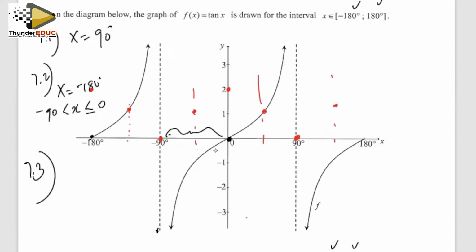And then that's a 2. Somewhere there. And then all I have to do is connect this with my free hand. Okay, remember those are turning points, so they should be relatively smooth, not very sharp. Okay, so we have something like that.